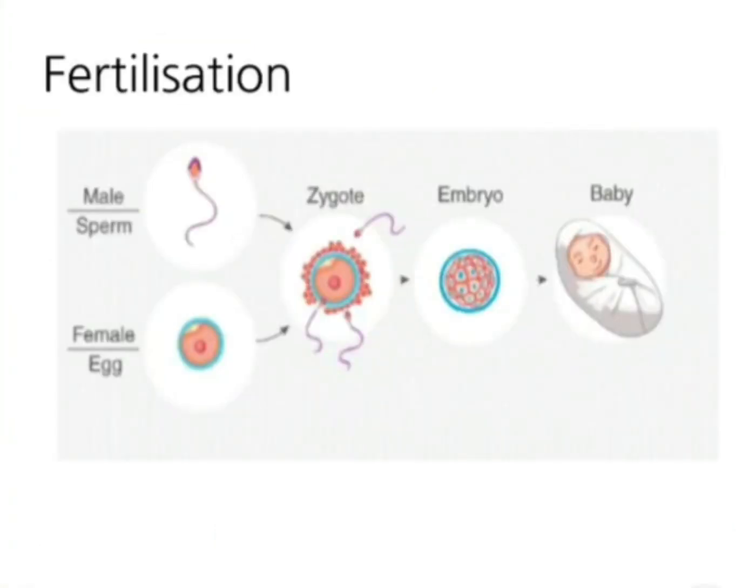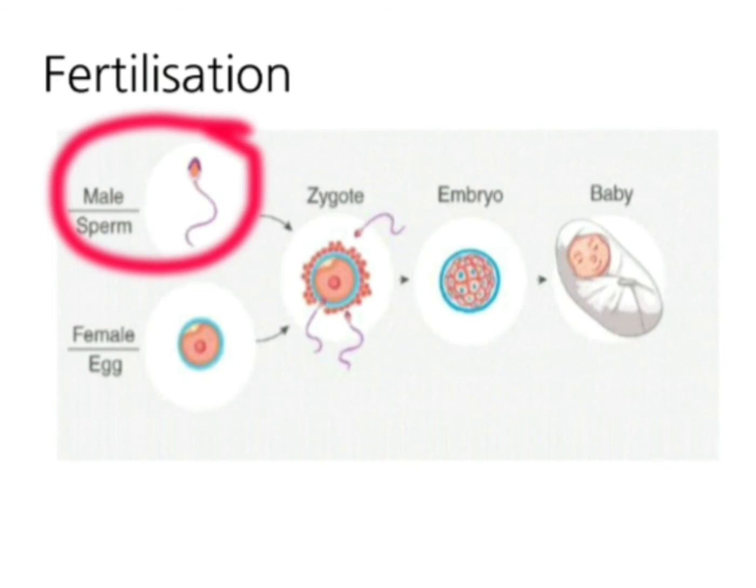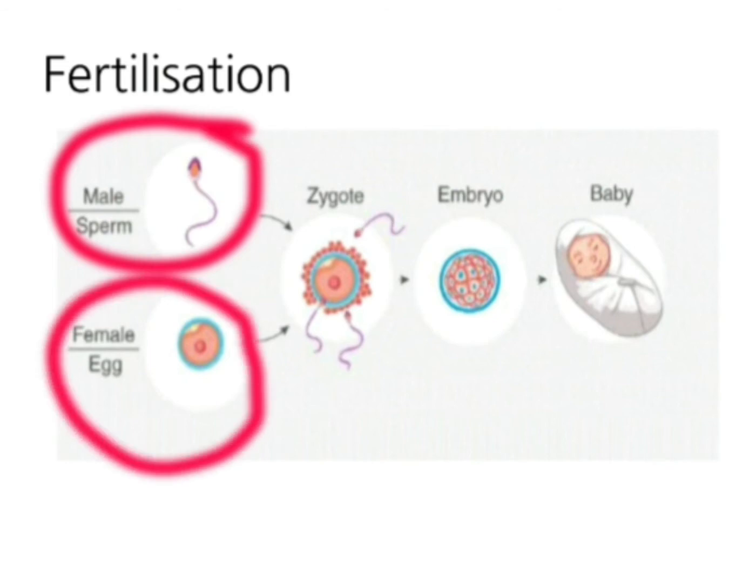Next point is fertilization. The first step in the process of reproduction is the fusion of a sperm and an ovum. When sperm come in contact with an egg, one of the sperm may fuse with the egg.